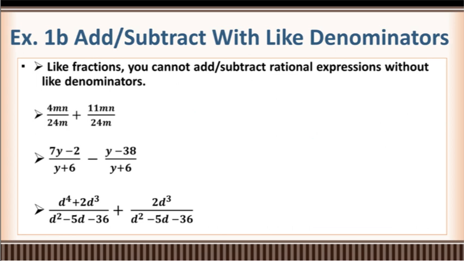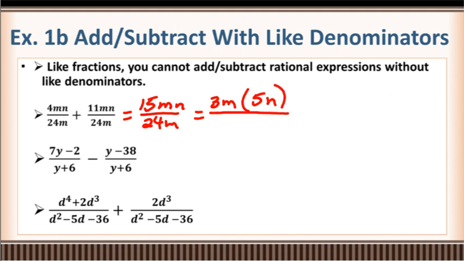Next example, we have common denominators. So they're 24m. Numerators, 4mn plus 11mn would be 15mn. Find out if there's any common factors. I have a 3m I can take out, and that leaves me with 5n.